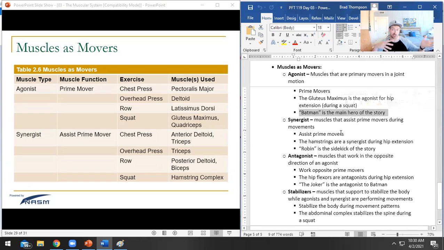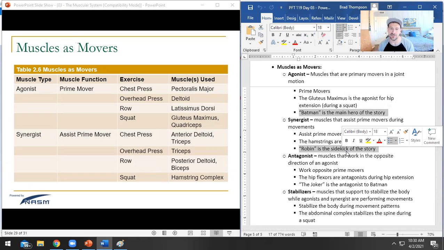Then you've got synergist muscles, which are there to help. The synergist is like Robin. Robin's there to help Batman, fighting all the goons on the side. Batman's fighting the Joker and Two-Face and stuff, and Robin's taking care of the goons in the background. But then you've got the antagonist, working directly against your prime mover.